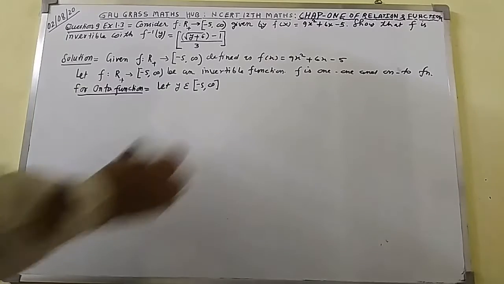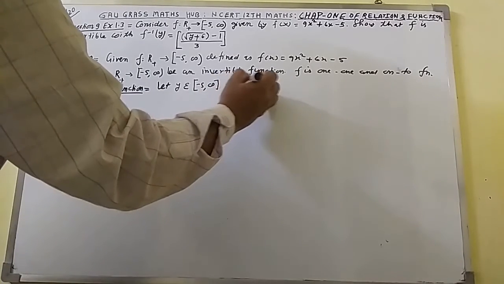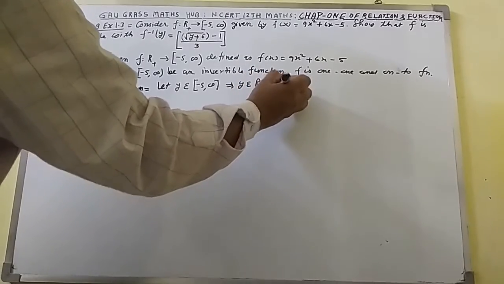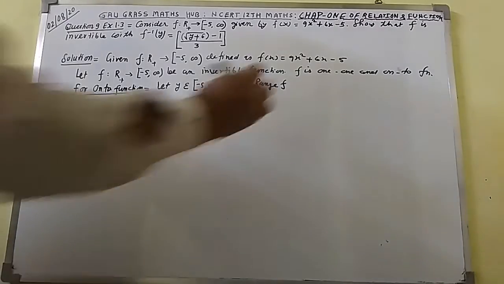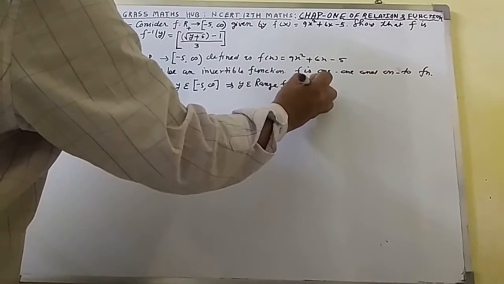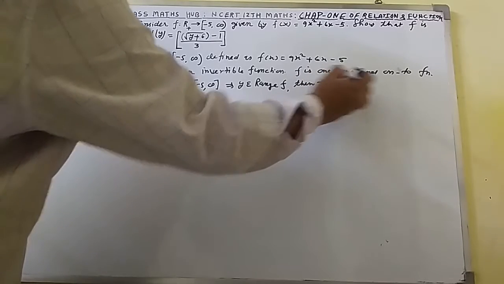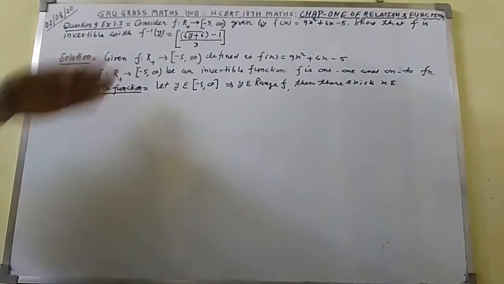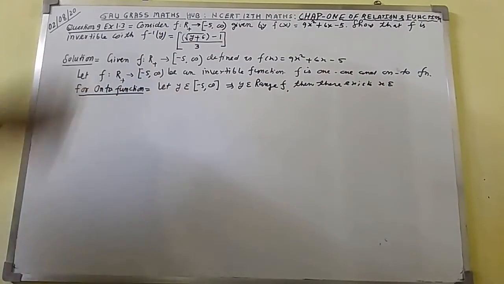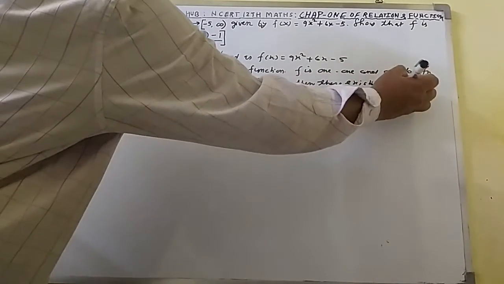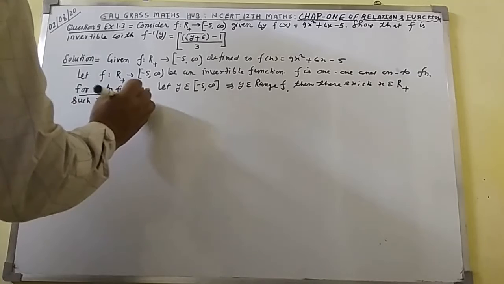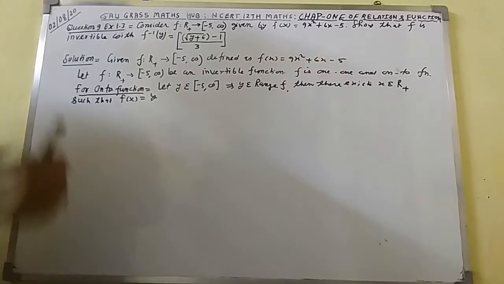This is the range, which implies that y belongs to the range of f. Then there exists x belonging to the domain, the set of positive real numbers, such that f(x) = y.